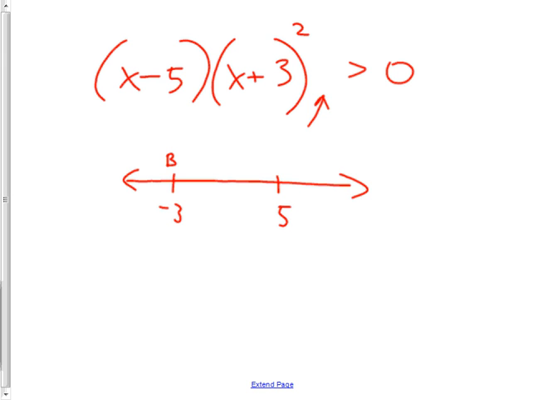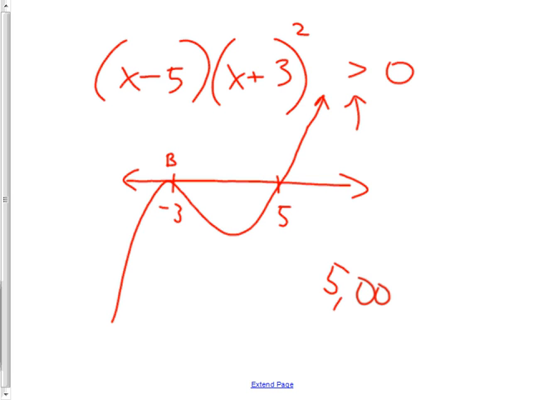Well, if it cuts through here and then bounces, that means it's only above 0 from 5 to infinity. And is it above 0 at the 5? Does 5 work, in other words? The way you can tell is because there's no or equal to. If there's no or equal, you won't have a bracket.